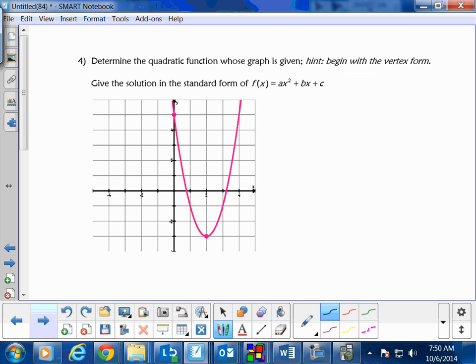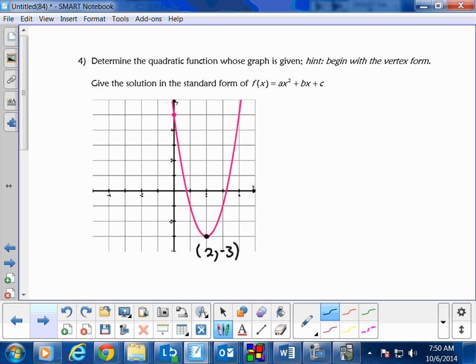It says right here, determine the quadratic function whose graph is given, and begin with the vertex form. Well, with this, one of the things you need to realize is that we're able to find the vertex form, because first of all, we're given the vertex, which in this case is 2, -3.